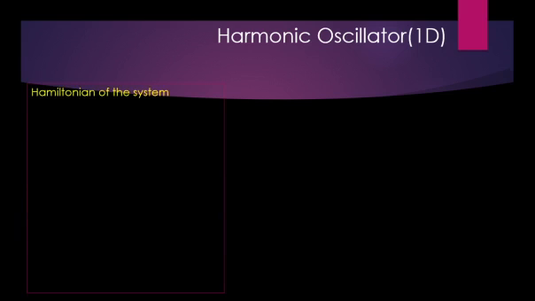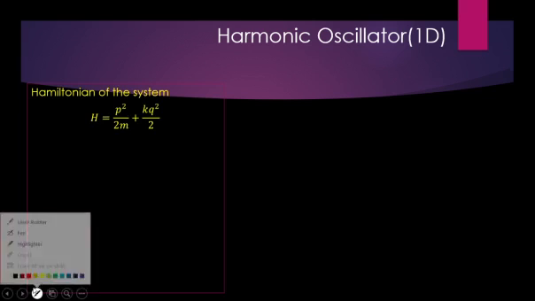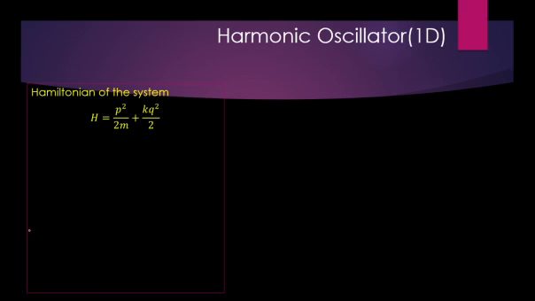So you know the Hamiltonian for such a harmonic oscillator is given by kinetic energy plus potential energy. You can write kinetic energy as p square by 2m, which is easier to remember because kinetic energy is usually written as half mv square, and I can multiply and divide it by m.